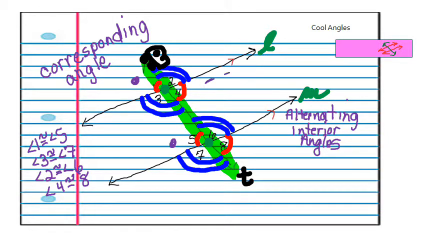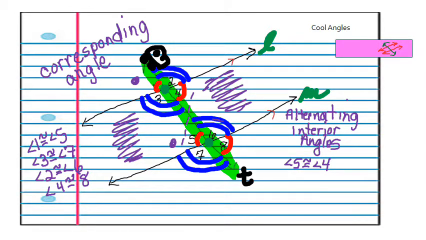So I'm going to move right here inside this area, inside the parallel lines, interior, alternating, I'm jumping across the street. So for instance, if I was to jaywalk across the street here, because I'm not at a crosswalk, notice that angle 5 is congruent to angle 4.